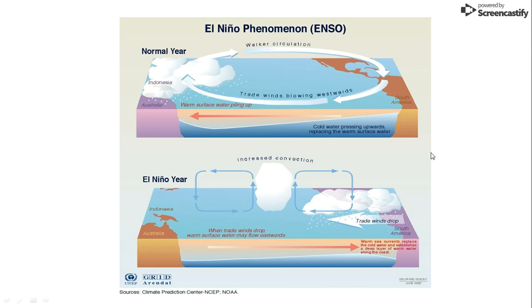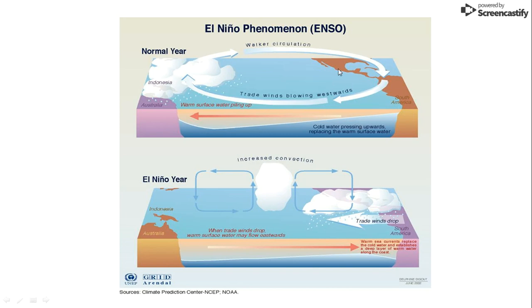You can see here a picture of it. This is what happens normally. We have these trade winds blowing west, and on the east coast here you have an upwelling, so you have nice cold water coming up. Where there's warm water, we have a lot of rain, because warmer air has the ability to hold more moisture.